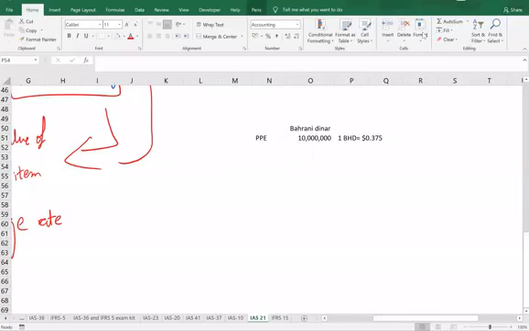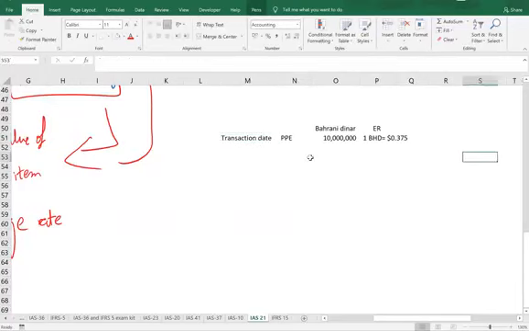Now, this is basically the exchange rate at the transaction date. So this is the item.